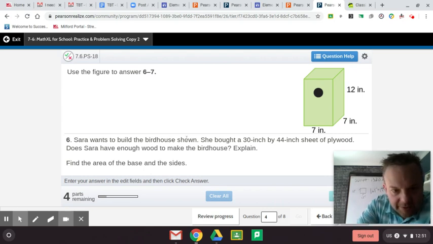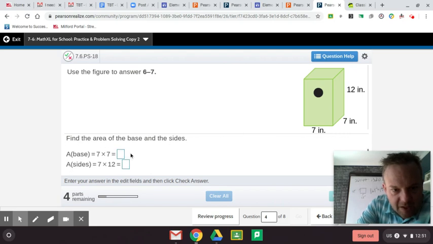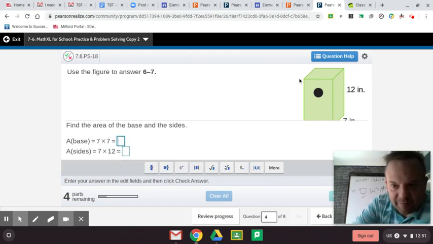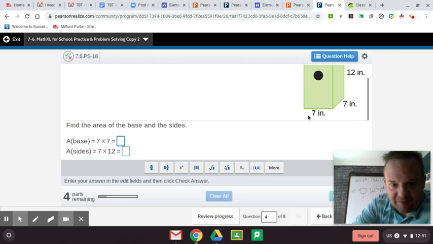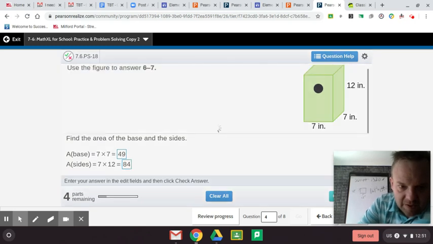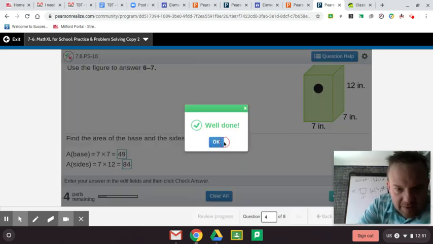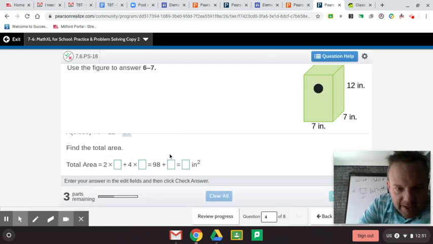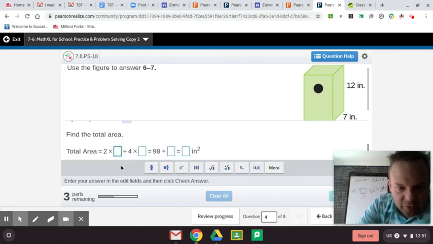Okay. The bottom base, because if you look here, we have a 7x7, which is also on top. So that's 49. And each one of these sides is 7x12. And 7 times 12 is 84. And then we have 2 times the 49, and we have 4 times the 84.